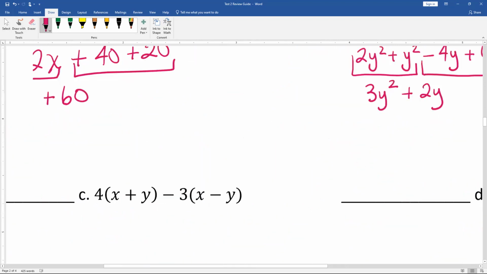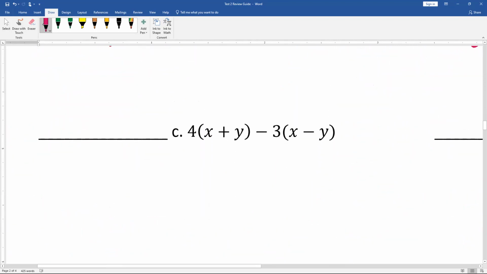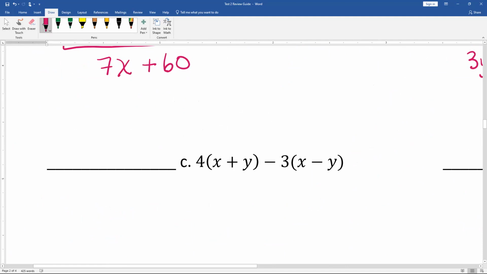For C, here we go. All right, so for C, Zachary, this one's yours. What do I do first? Okay. What are you distributing here?